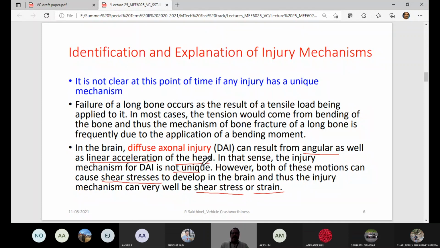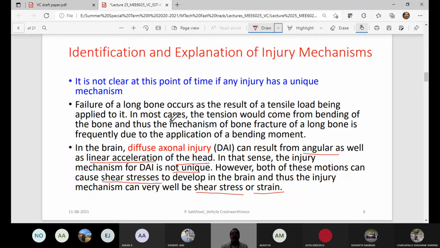We have, in detail, another injury associated with the brain in our upcoming slides. However, I have put these two as an example of how complex it is, and what we talk about under the important objective of identification and explanation of injury mechanisms, right?